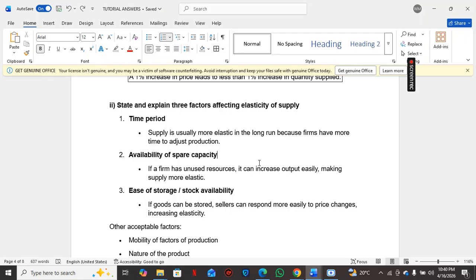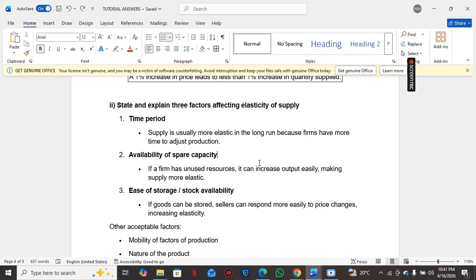But if you don't have where to keep the goods, and obviously if they can perish, when price increases you won't have goods pending to be distributed.